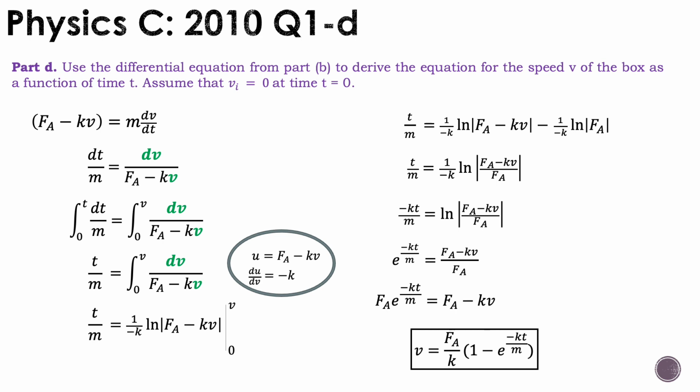It's still getting faster and faster and faster, but the rate at which it gets faster is always getting smaller and smaller. And note, if you take the limit of this function of time going to infinity, you will get the terminal velocity as your final answer.